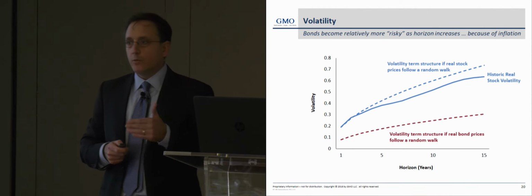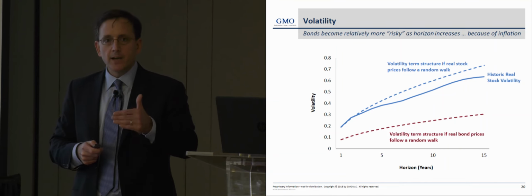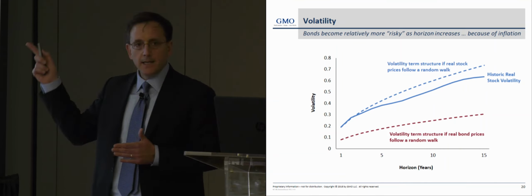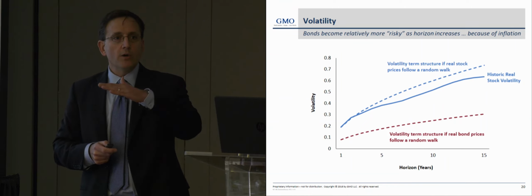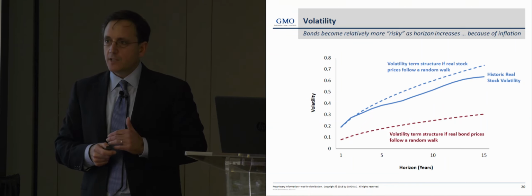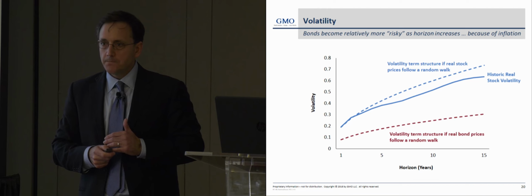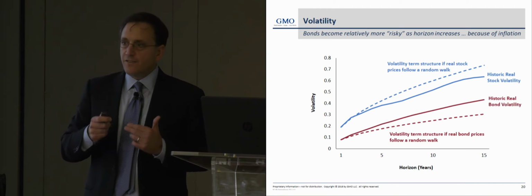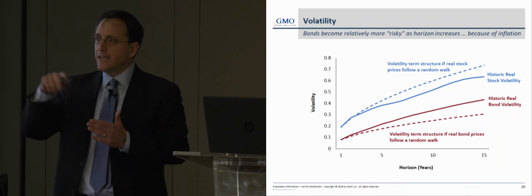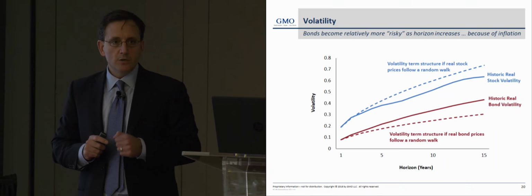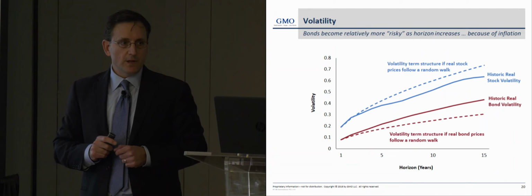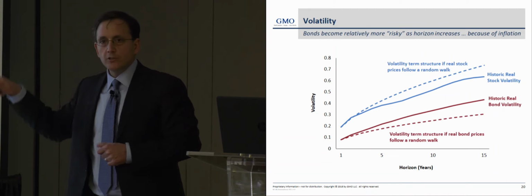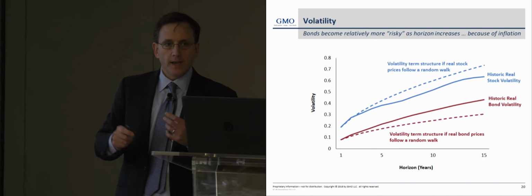For stocks, when we examine the empirics of the term structure of volatility, what we see is that volatility is lower than you would expect if stock prices followed a random walk. Bonds, however, are the opposite. The volatility of bond returns actually increases faster than you would expect if bond prices followed a random walk or if bond expected returns were constant. And this result is really coming from an inflation effect.